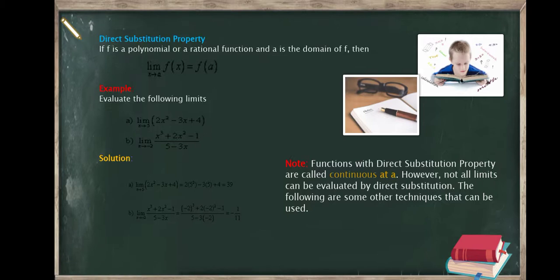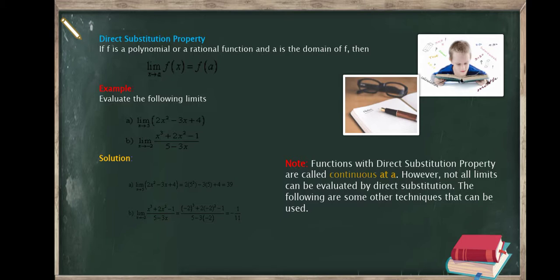So there are the following techniques in finding limits of a function. The first technique is the direct substitution property. It can be used if f is a polynomial or a rational function and a is in the domain of f.